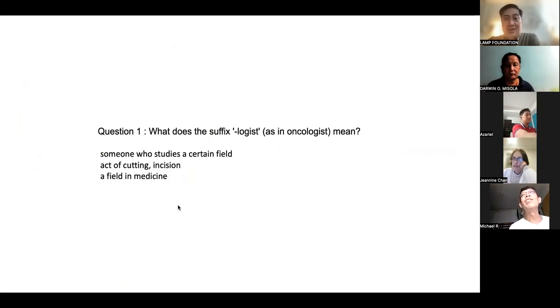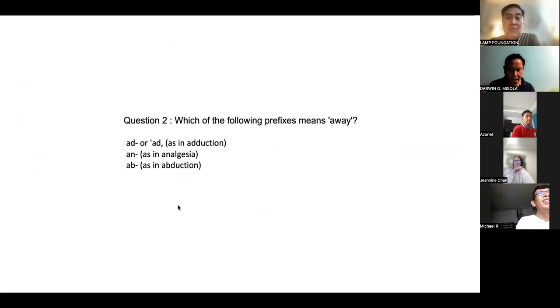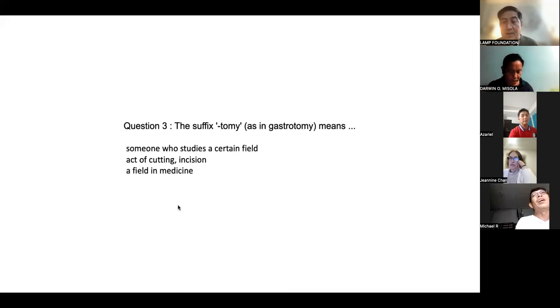Let's go to the anatomical word root. What does the suffix -logist, as in oncologist, mean? Someone who studies a certain field. Which of the following prefixes means away, as in abduction? Ab.